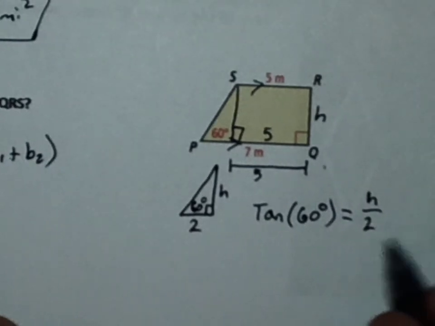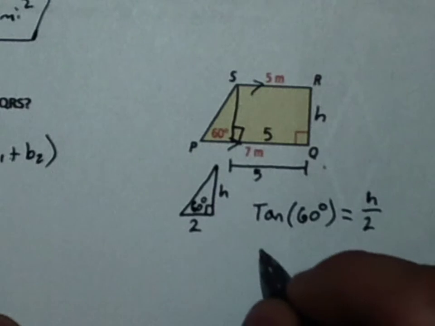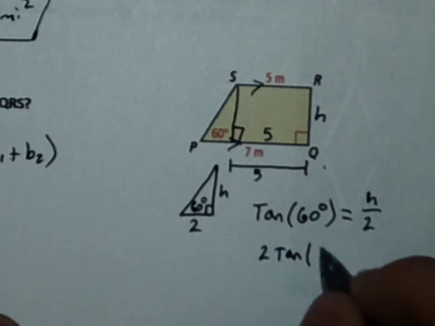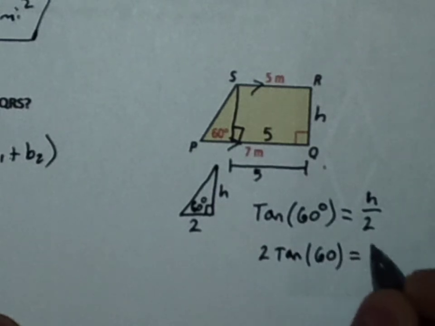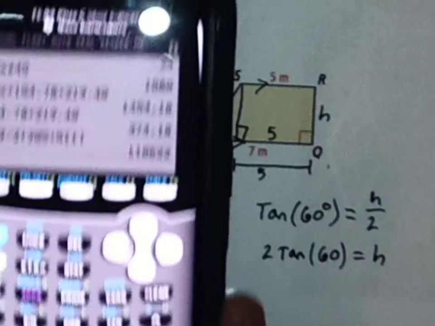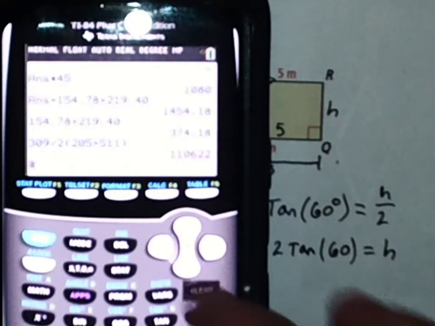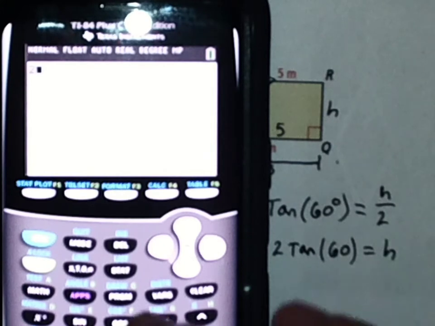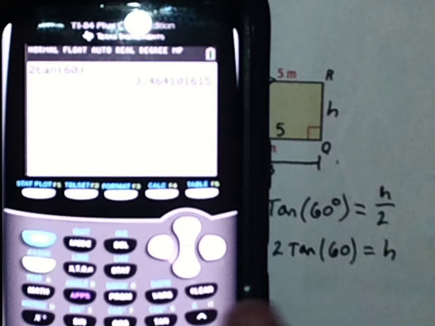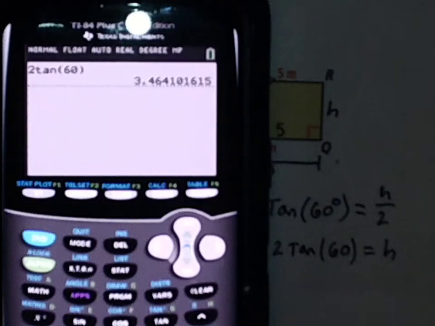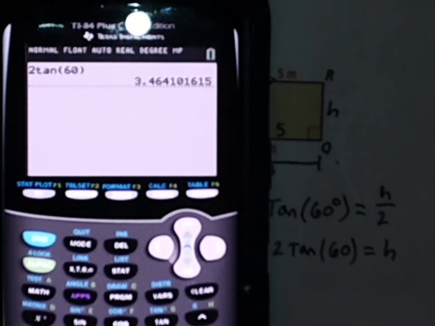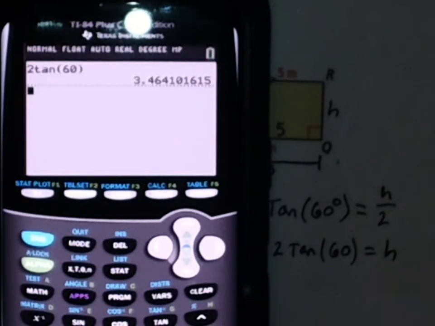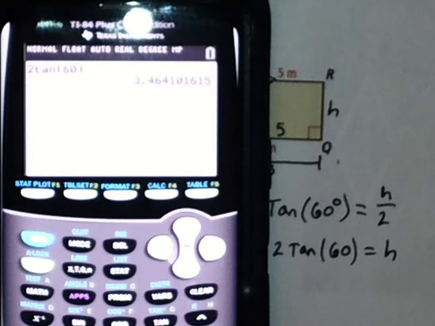I could solve this by multiplying by 2, and that would be your height. Now again, you could take out your calculator and you could figure out what 2 times the tangent of 60 degrees is, which is 3.464.